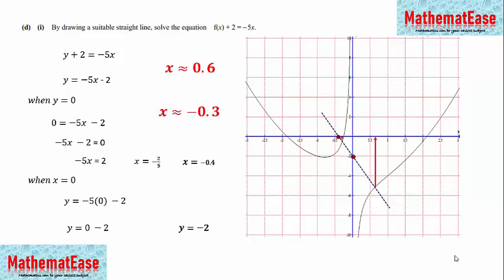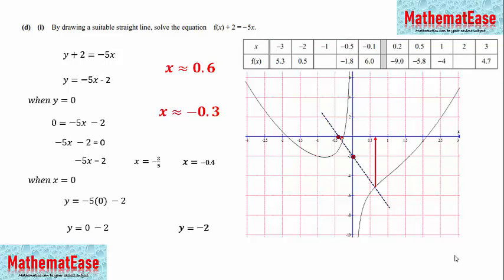Go to the table given to you in the question. On this table, you can pick two values that are not close to each other. For example, you can pick minus 1 and 1. You will plug in for x when it is minus 1 inside this equation. For the first one, the value of y you get, you have that as a coordinate x and y. Then you put 1 there.